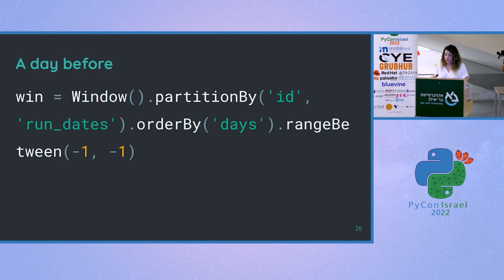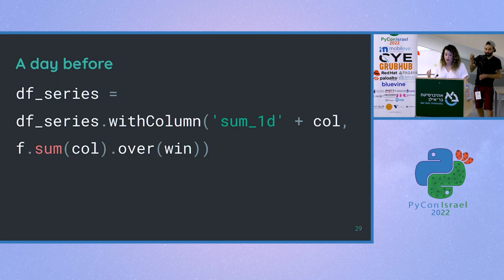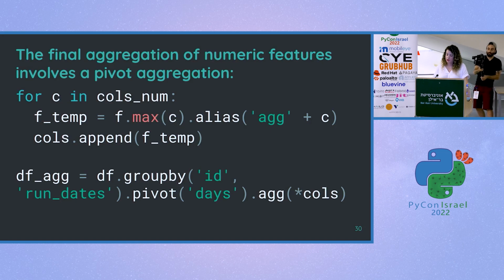This is an example of what this will look like if you're just aggregating a day before. This is the window function, and this is how you cast it into a new column, the aggregation of sum over a period of time window. When we're dealing with numeric features in those aggregations, we will need to pivot them and apply all of our aggregations.